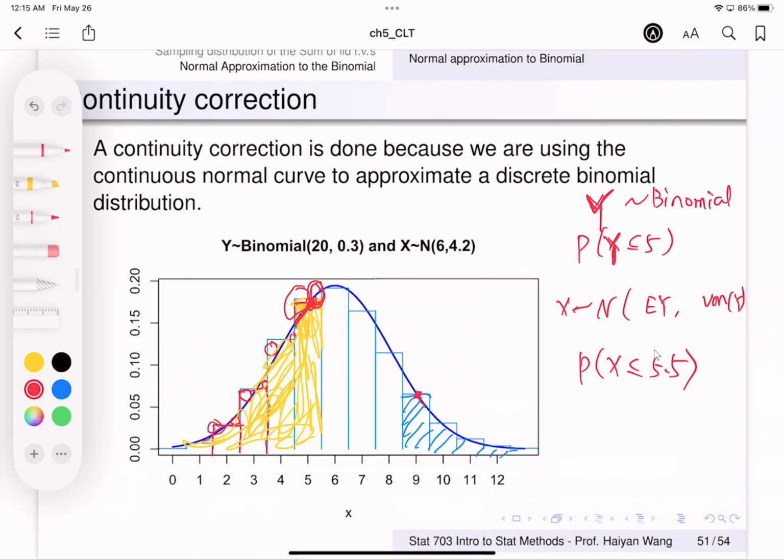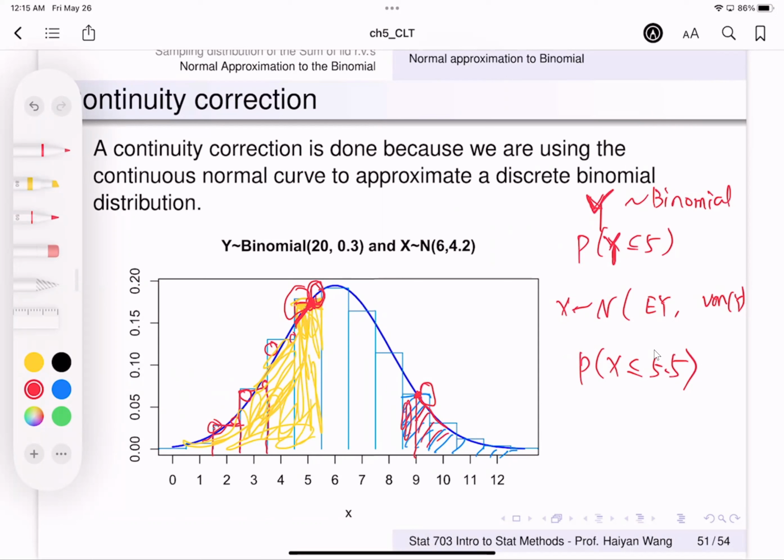So we would miss some part of that, which is on the outside. When we use the red one to approximate, we missed a part of that. That was on this side. This part was the missed part.